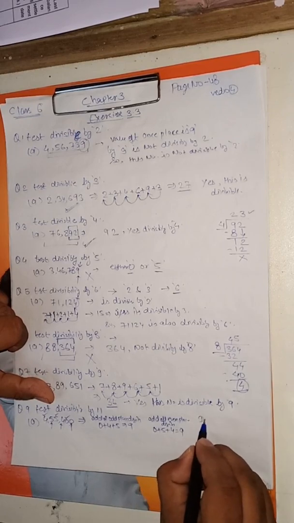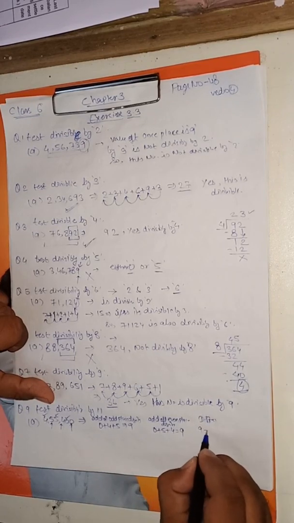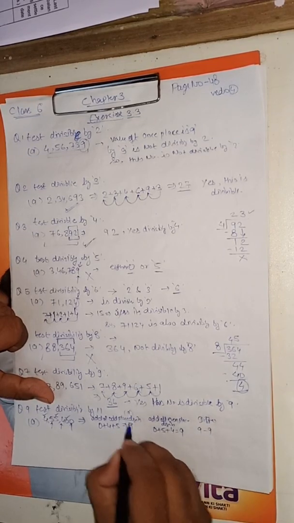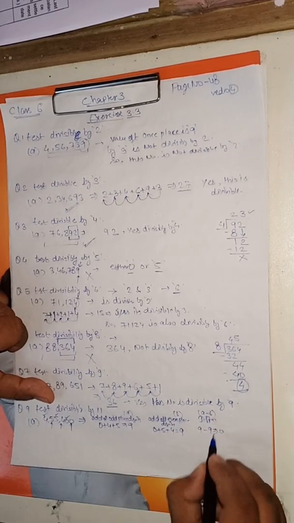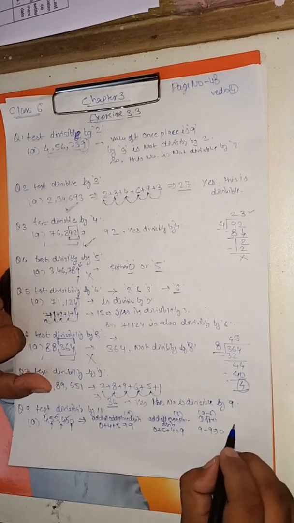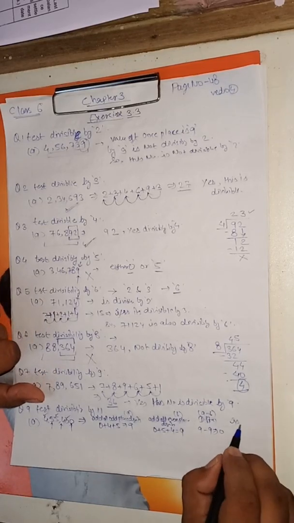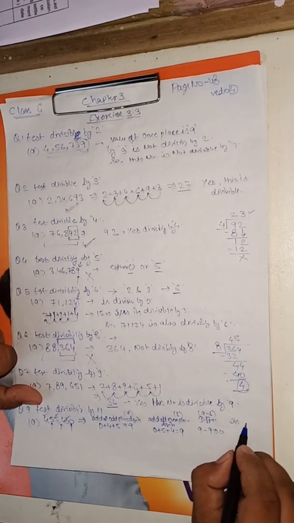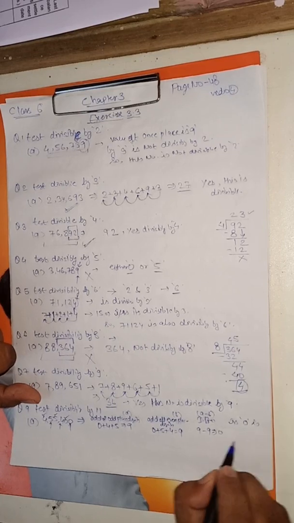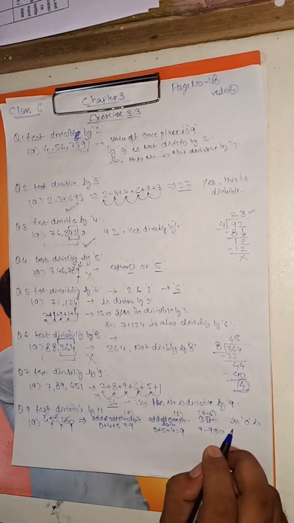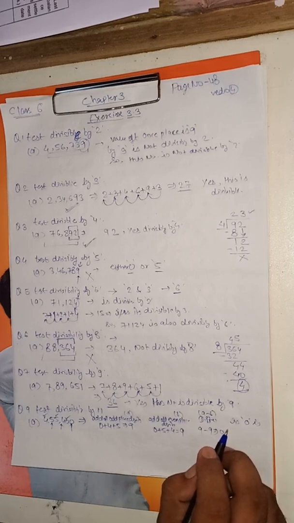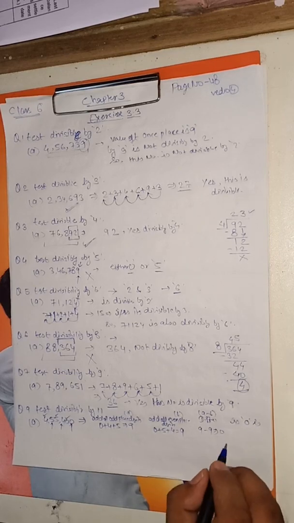Now we take the difference of both. 9 minus 9, this is A and this is B. So A minus B is 9 minus 9, which is 0. Is 0 divisible by 11 or not? Say, is 0 divisible by 11 or not?